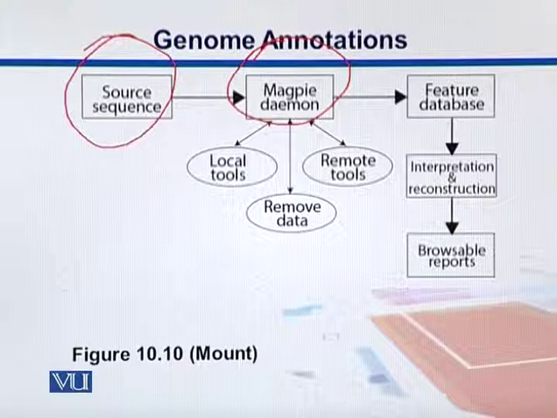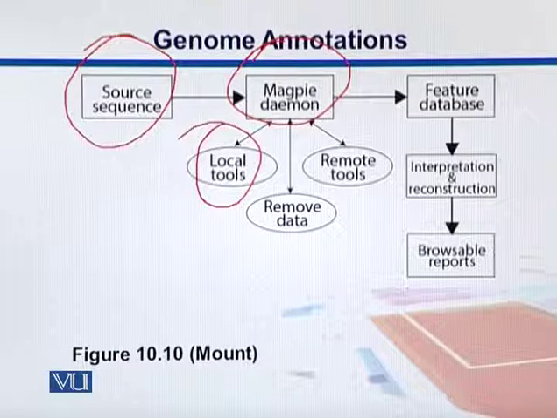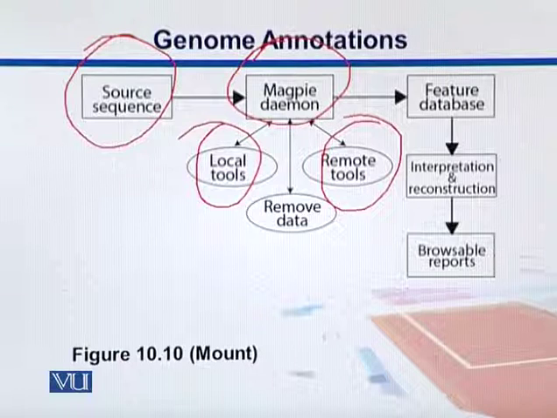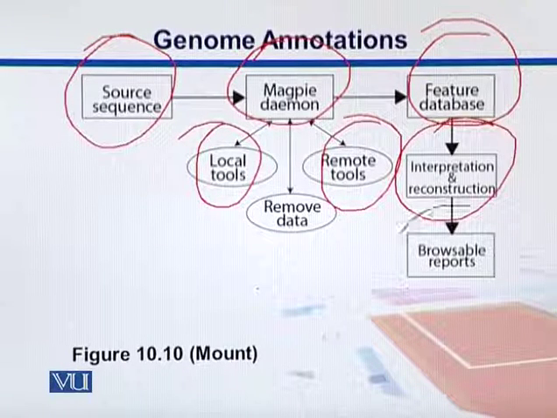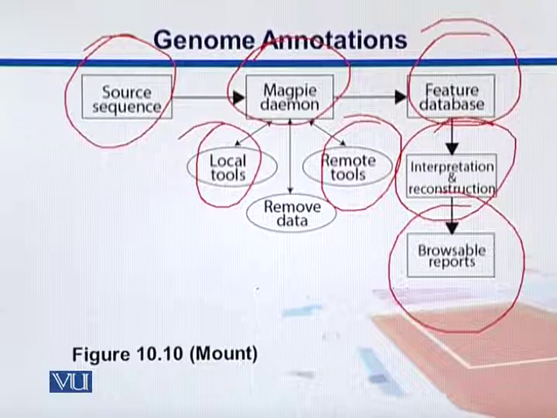So it automatically gets them and then it sends that data to some local tools and some remote tools over the internet, and then it explores some specific features or annotation patterns and then it puts them into its feature database. And then later on those results are interpreted and we get the reports. So in this way it's kind of an automated annotation gathering tool.